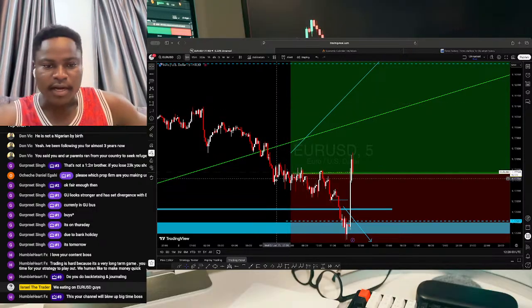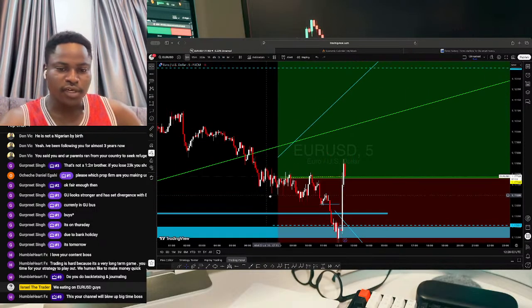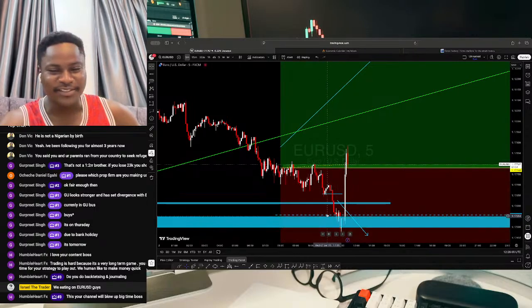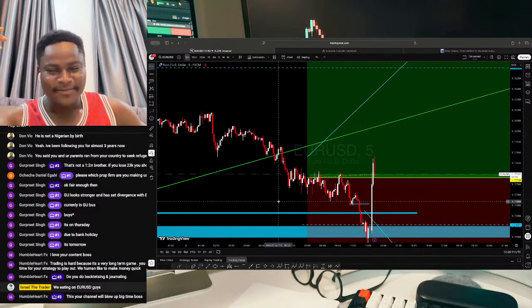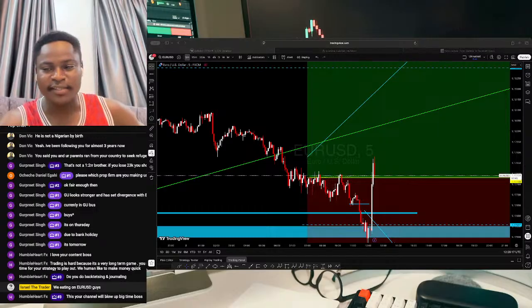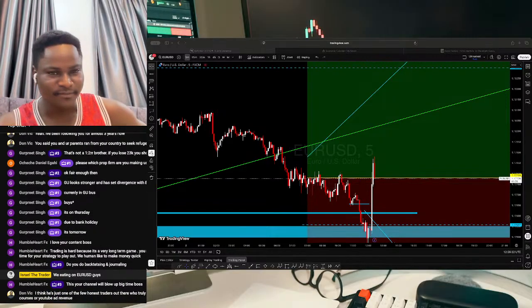So we are back at break even for the first trade. But man, on the second and third accounts, I'm still in profit because I got in here, to the upside. So that is just it. I'm just trying to teach you guys how this is being done. You can actually replicate the same thing if eventually you know what you're doing and all of that.